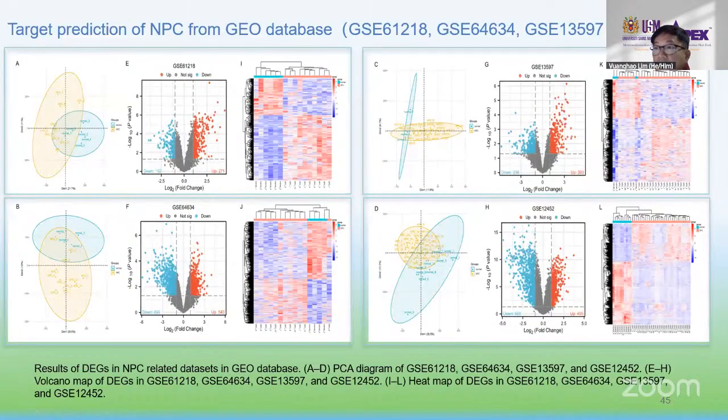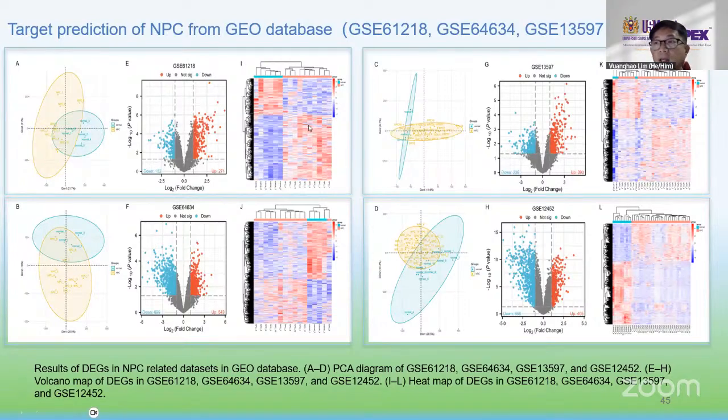So we try to do a disease target prediction. The next step is to identify which genes are associated with NPC, which is nasopharyngeal carcinoma. Then we collected the disease-related genes from multiple GEO databases with transcriptomic datasets, together with disease databases.